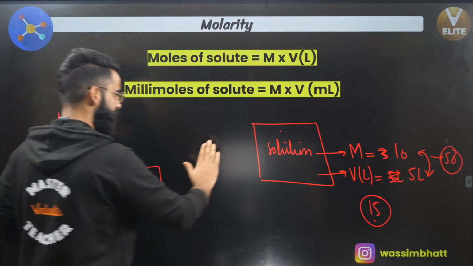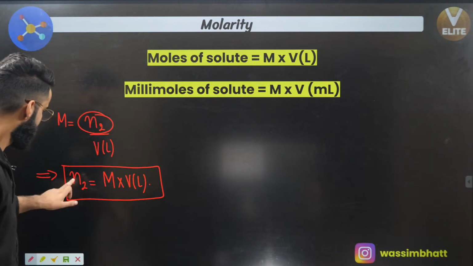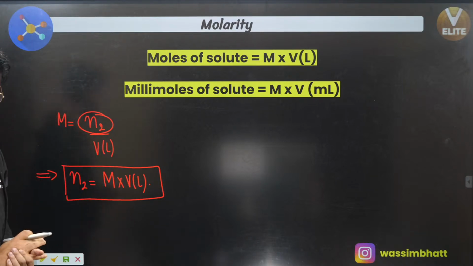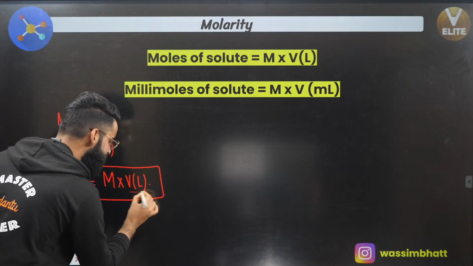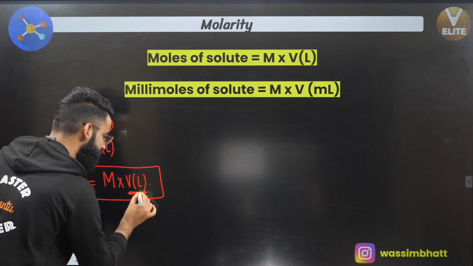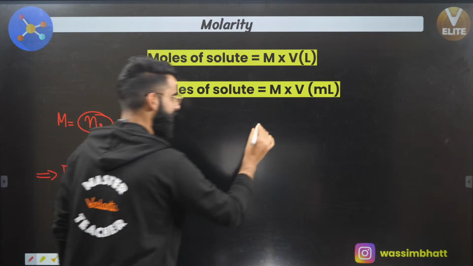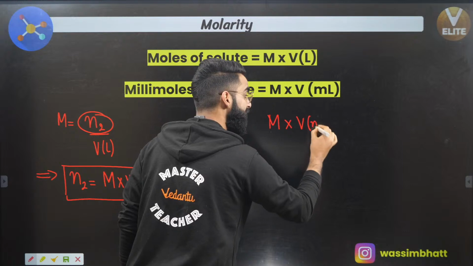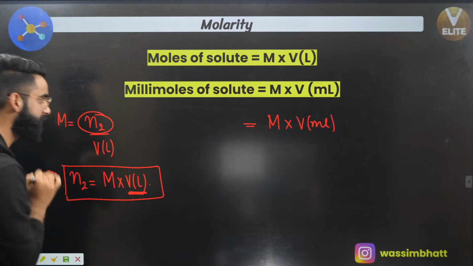Number two, guys, understand one more important thing. Number of moles of solute is equal to molarity multiplied by volume of solution in liters. Now if I replace the volume in liters by the volume in milliliters, I won't call this term the number of moles of solute.